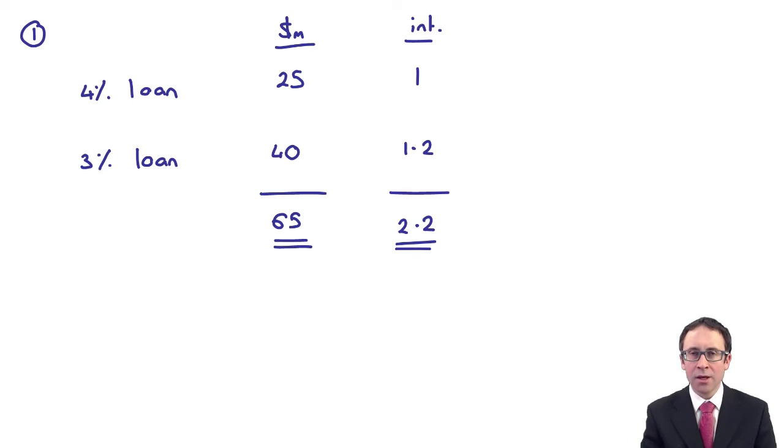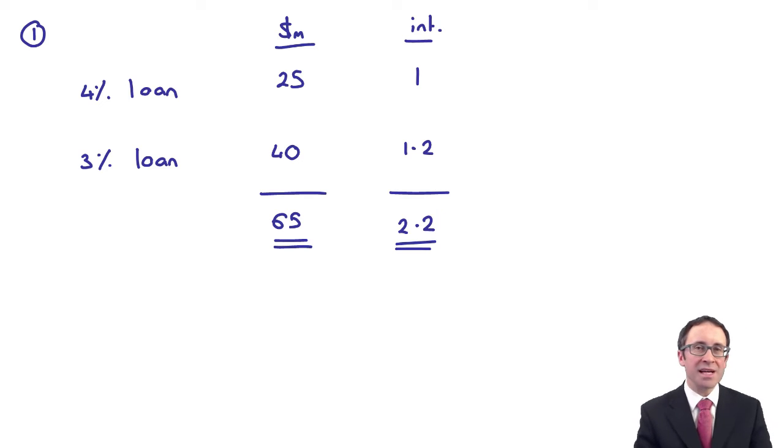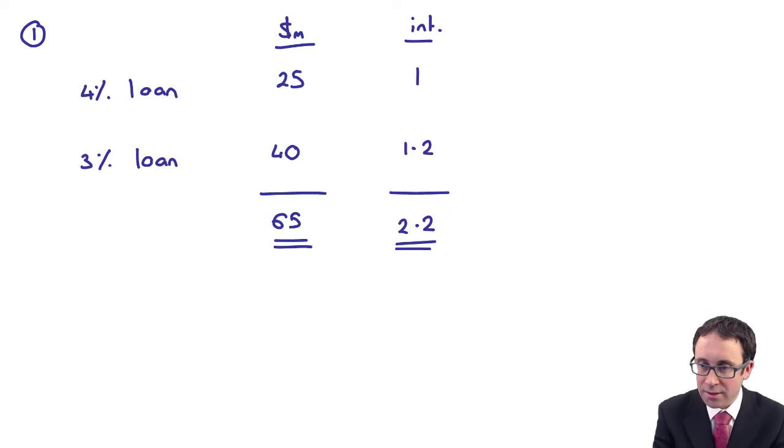I don't just add up 4% and 3% and divide by 2 to give me 3.5. I'm going to weight it based upon the amount of loan for that particular loan itself. Here you can see we're more heavily weighted towards the 40 million, so I'd expect it to be closer to 3% than 4%.